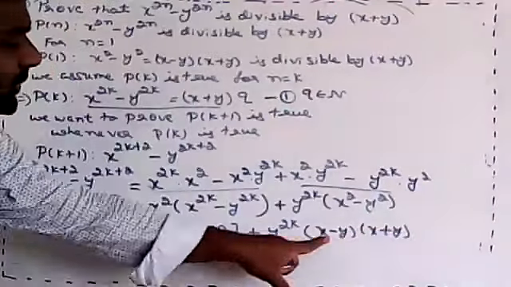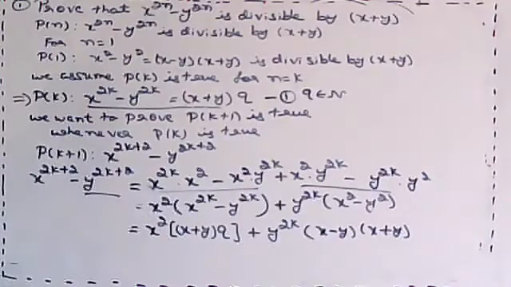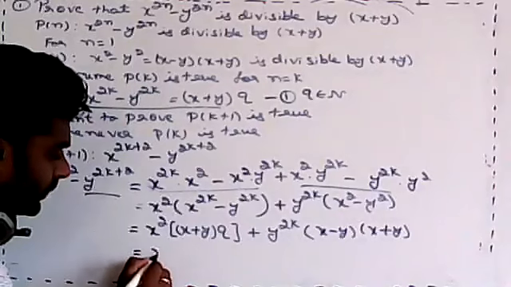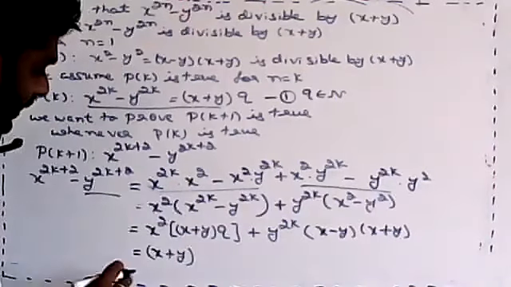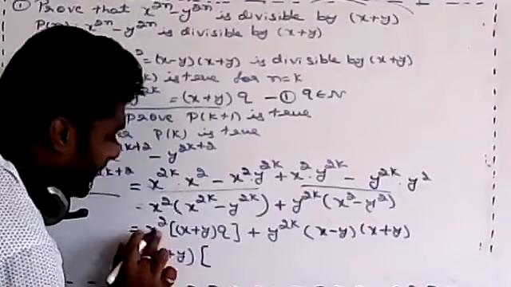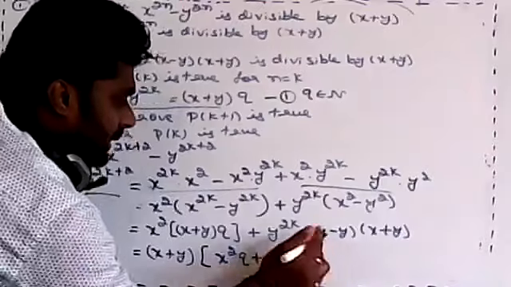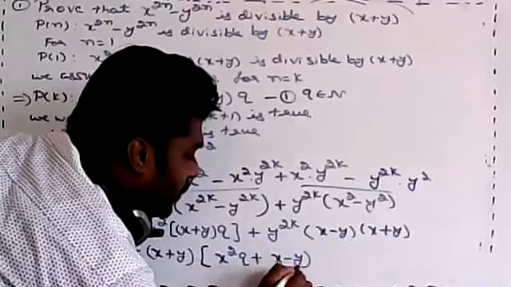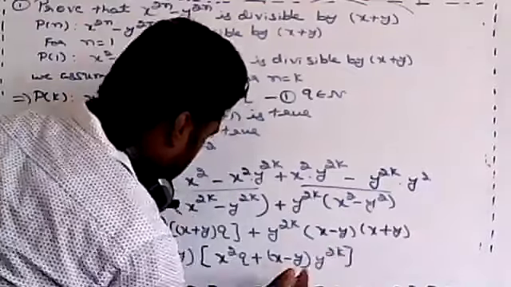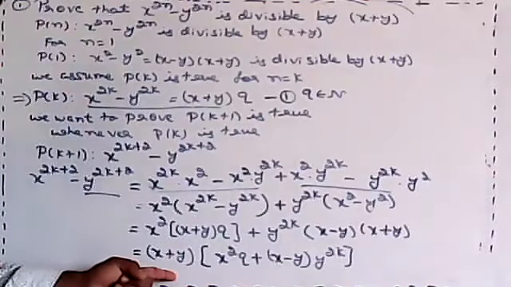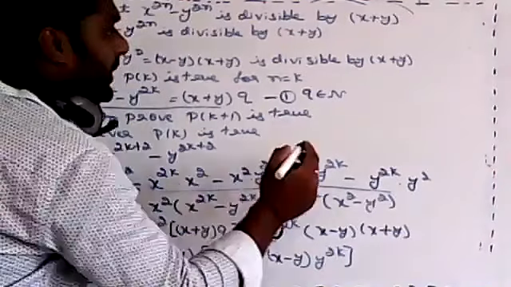Now in these two terms, what is common? x plus y is common. Correct? Yes, Prithvi. x plus y is common. So remaining is what? x square q plus x minus y into y to the power of 2k. It means what? If x plus y is outside, it is divisible by x plus y, no? Correct or not? Right answer, Deepika.